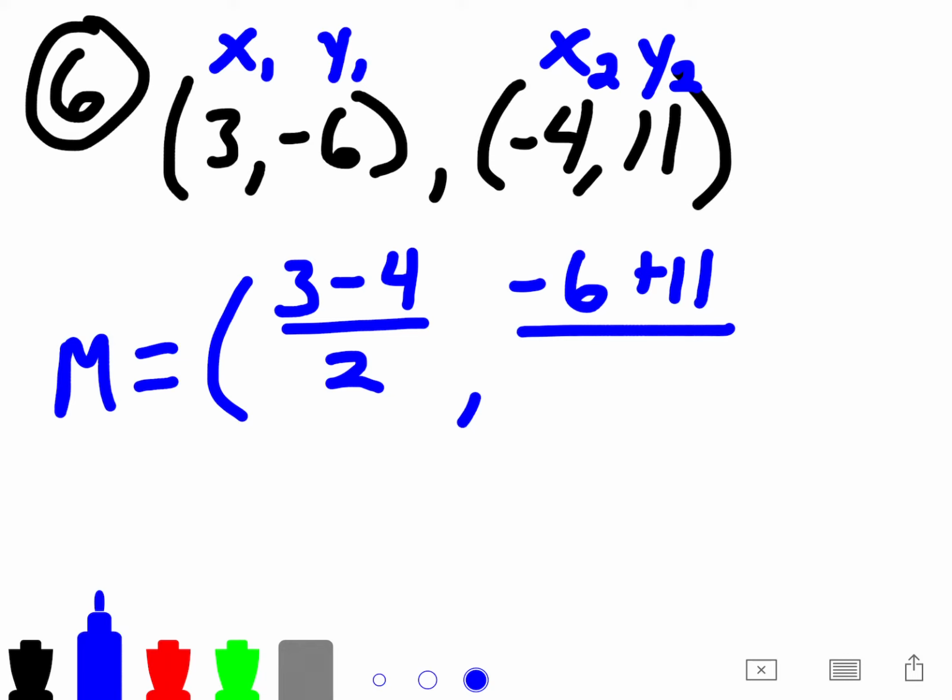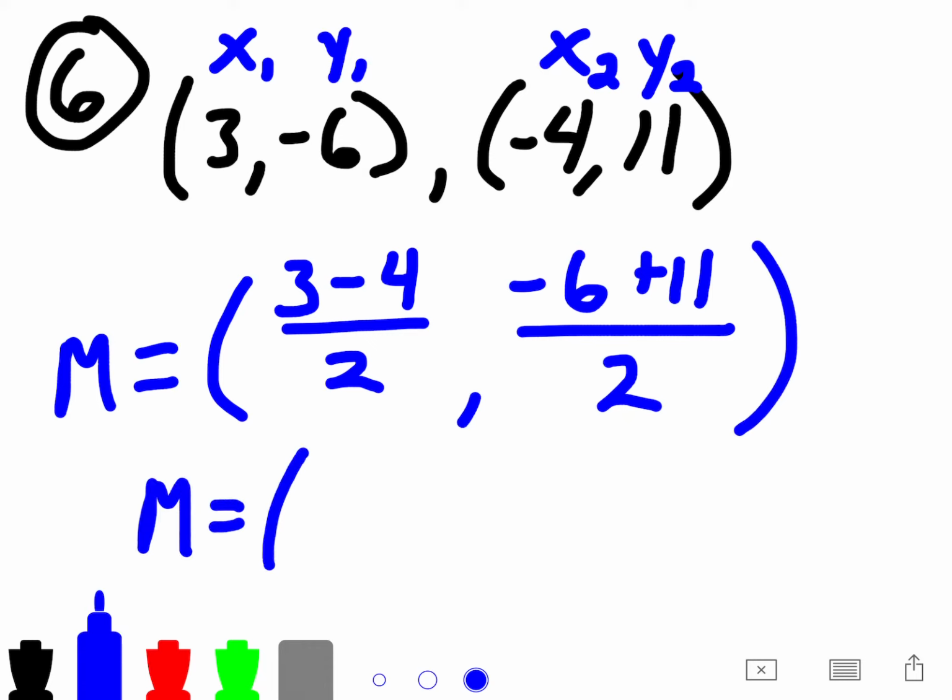And we could do 11 minus 6, and it would still be the same thing. Divided by 2. So our midpoint is 3 minus 4, which is a negative 1, divided by 2 is just going to be negative 1/2, or negative 0.5. And then the negative 6 plus 11 is going to be a positive 5. 5 divided by 2 is 2.5.